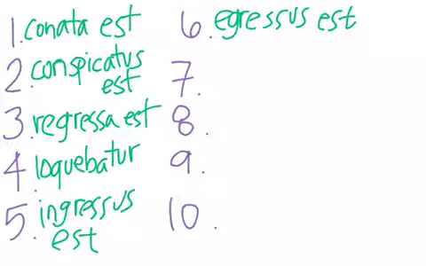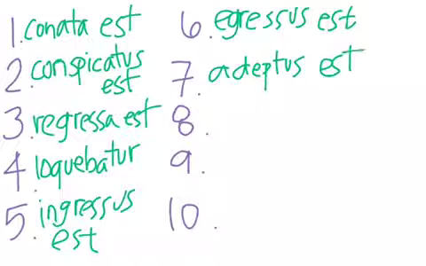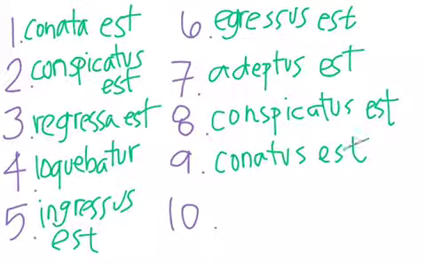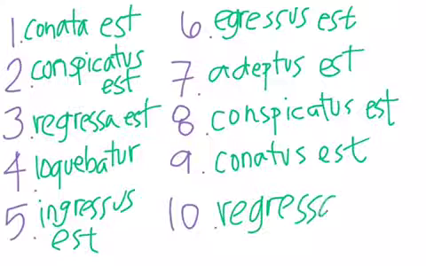This one should be adeptus est. Okay, number 8 should be conspicatus est. Number 9 is going to be conatus est. And number 10 is going to be regressa est. Sorry about those mistakes there, guys. What would a video be without a mistake from Mr. Sino?